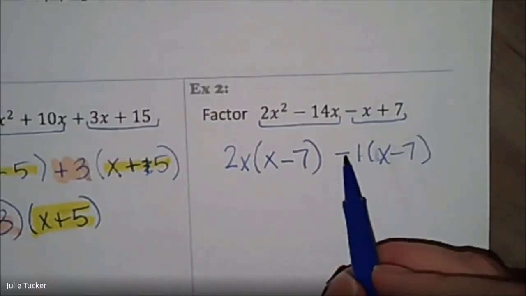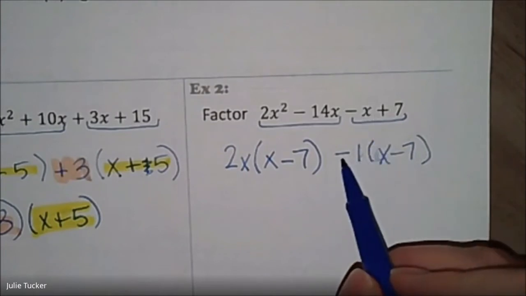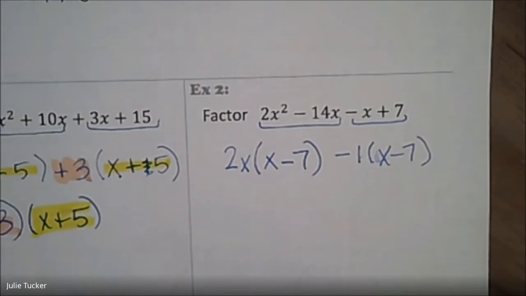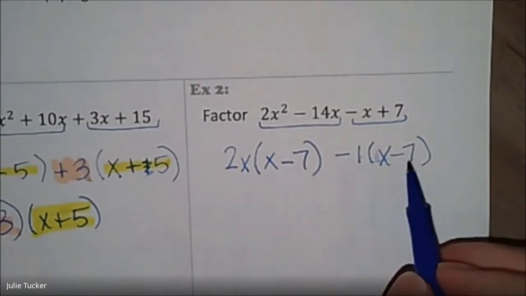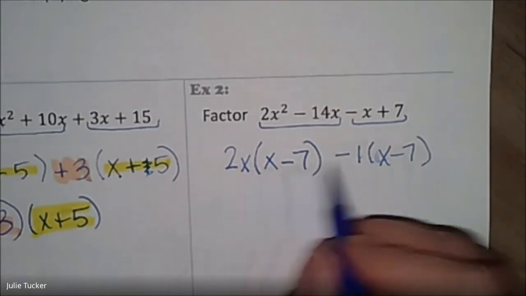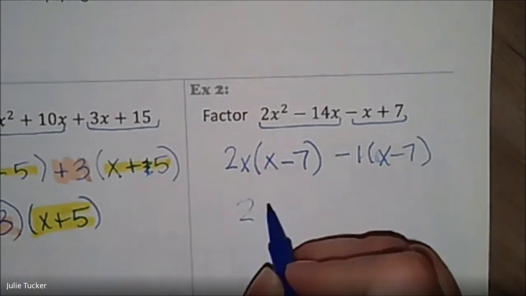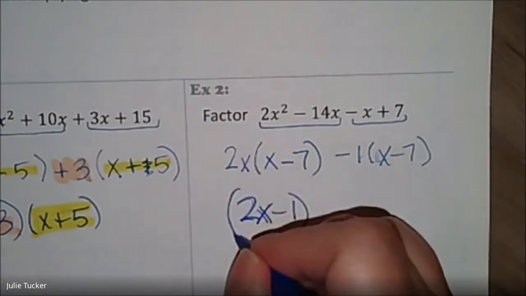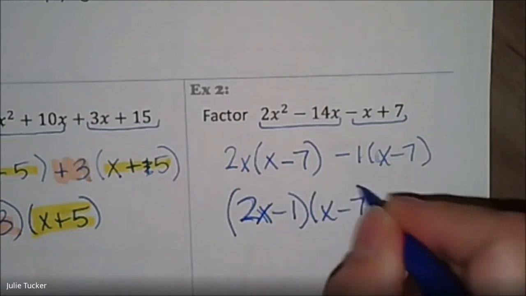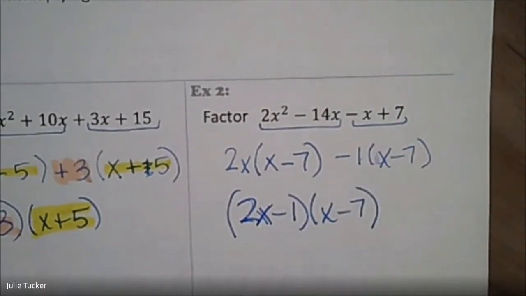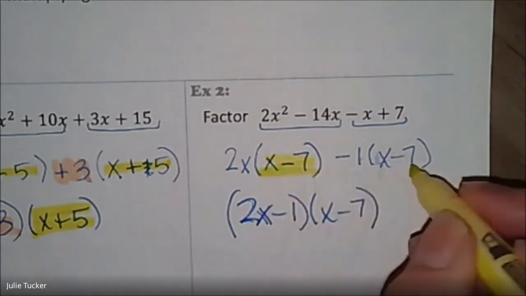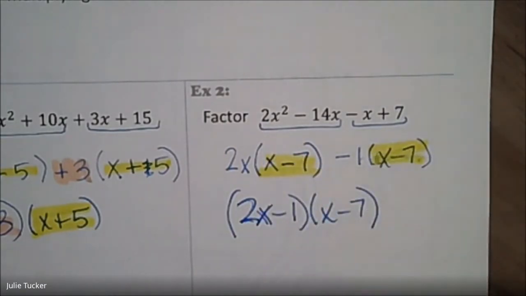And it does, because this will be negative x, and this would be positive 7, right? So now my parentheses match, and I can put together the 2x and the negative 1. And that's my answer, okay? So for sure, your secret weapon is that these match, because that helps you work the problem better.